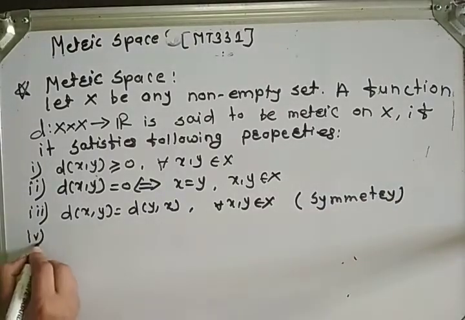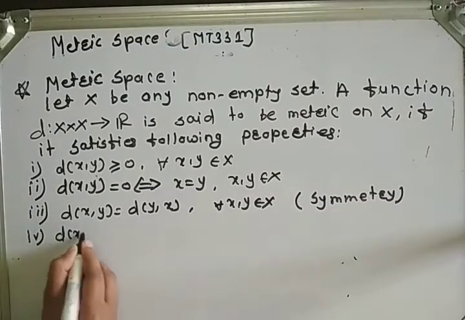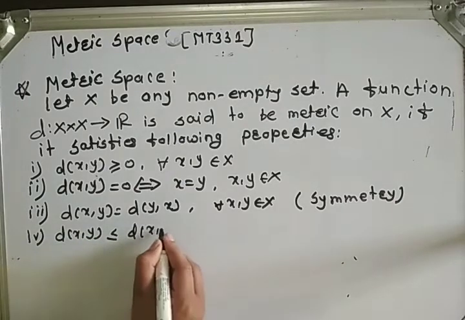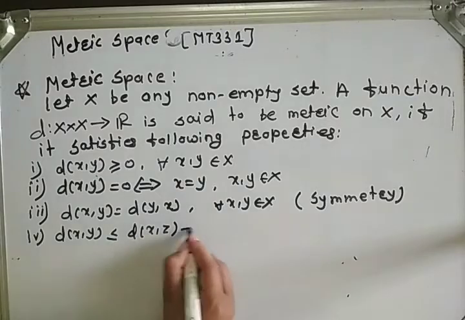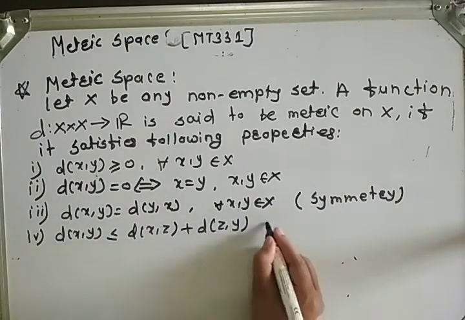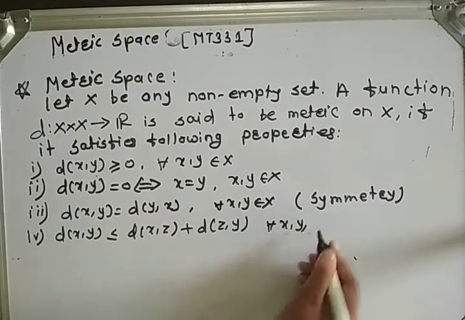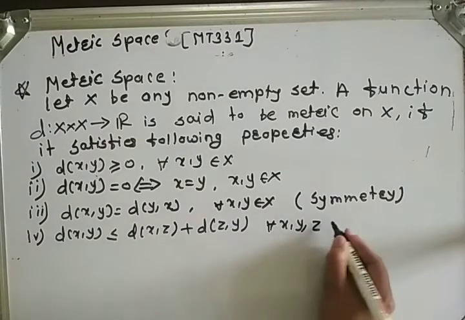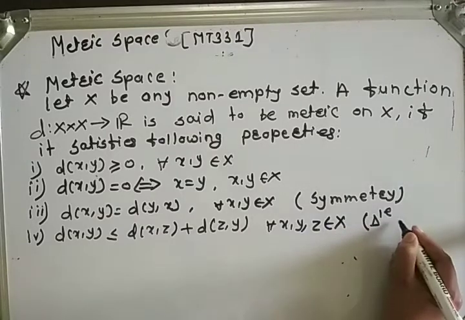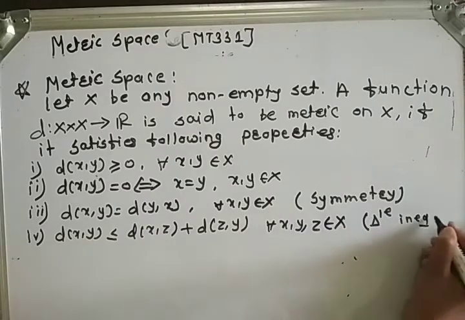And the last one is d of x comma y is always less than or equal to d of x comma z plus d of z comma y for all x, y, z belonging to capital X. This property is called the triangle inequality.